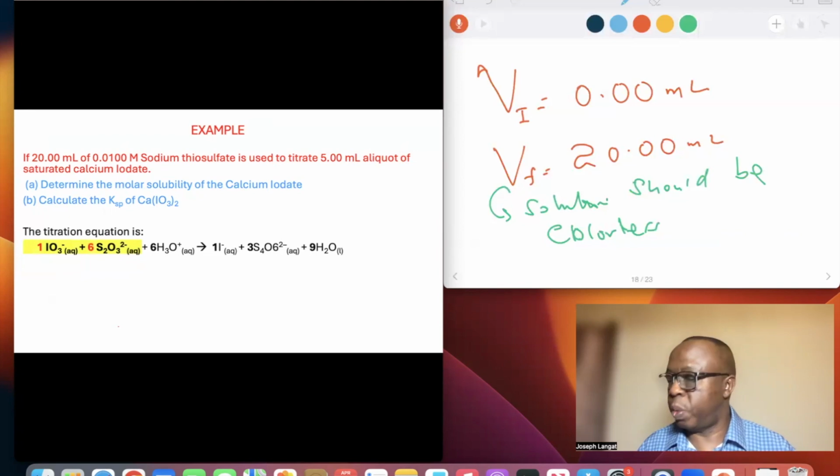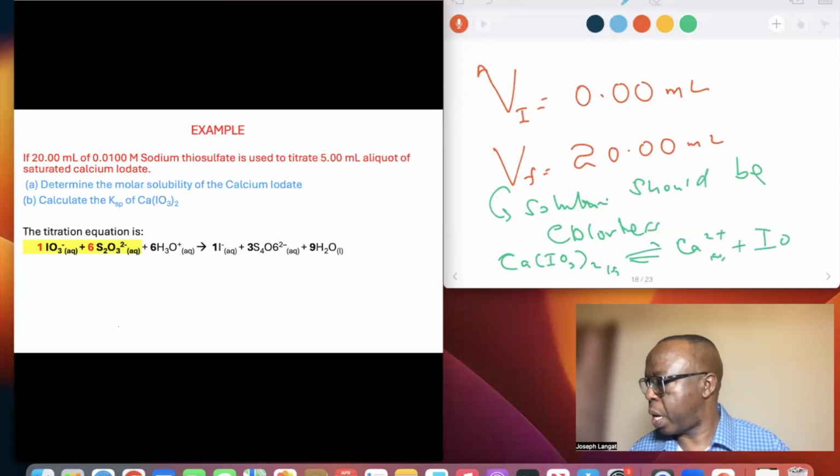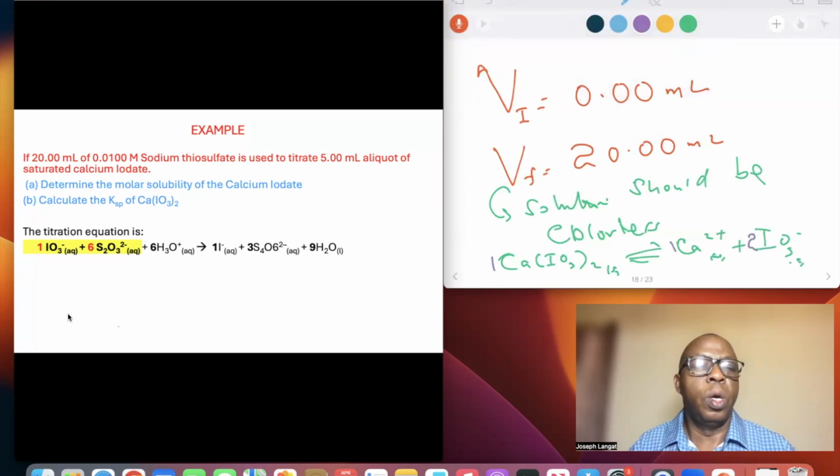Remember, the calcium iodide solid is in dynamic equilibrium with calcium ion plus iodide ion, with a mole ratio of 1 to 2. So first, to determine the molar solubility, we need to find the mole ratio.